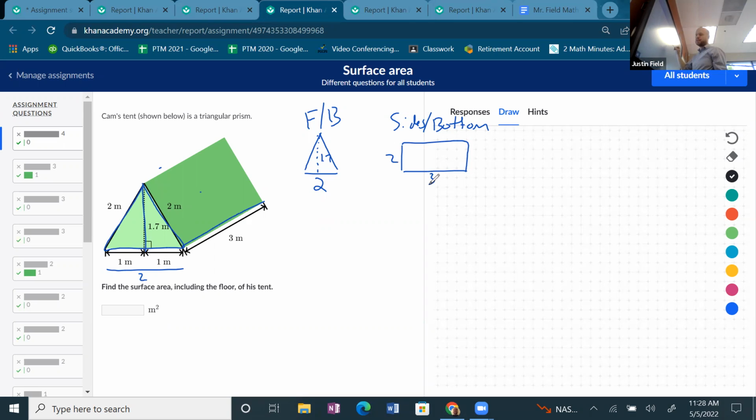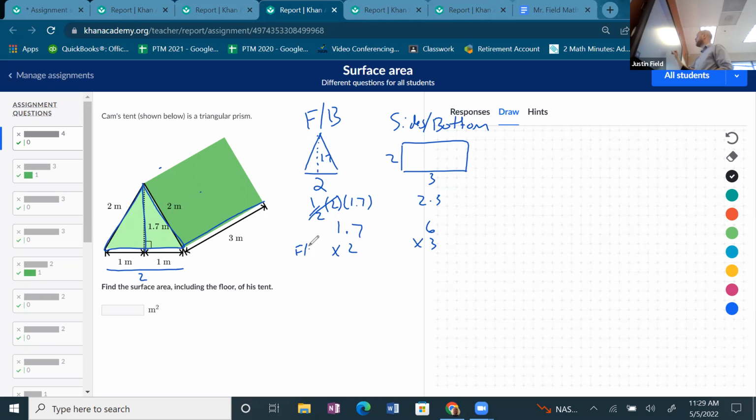So now let's just find the areas, then we'll add them together. We have 1/2 times 2 times 1.7. That's the area of that. And then this is 2 times 3 is 6. So it's 0.5 times 1.7 times 2, 1.7. Why did I not know that? All right, 1.7. So the front and the back are both 1.7. Let's multiply that by 2. All sides are 6. How many sides are there? 3.